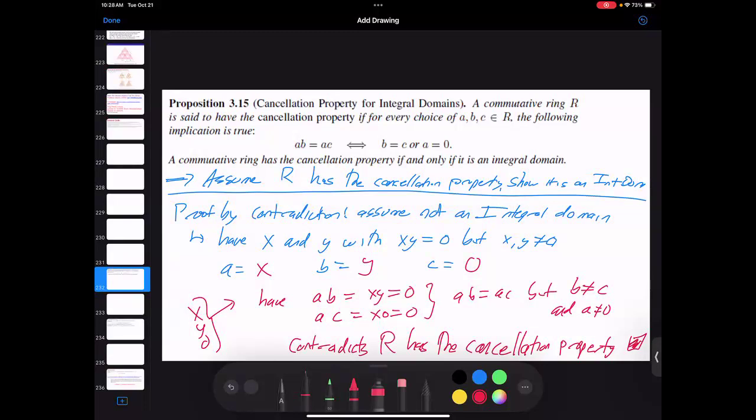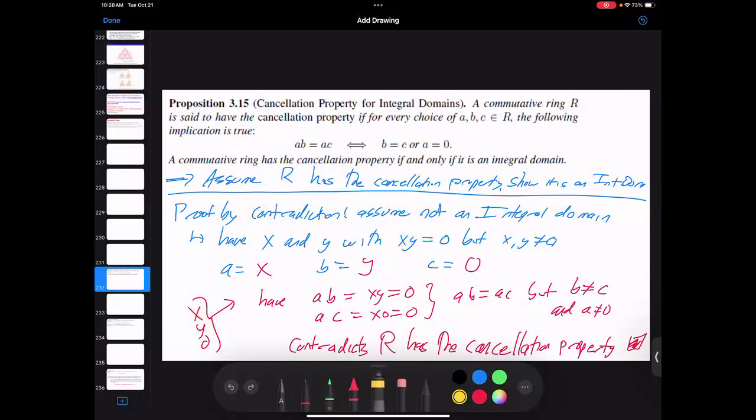But again, when you're looking at things, you really want to get a sense of what you have to play with. And so the equation we have is xy equals 0. That gives us 3 pieces of information. It gives us x, it gives us y, and it gives us 0. So we want to somehow figure out how to move x, y, and 0 into the a, b, and c.